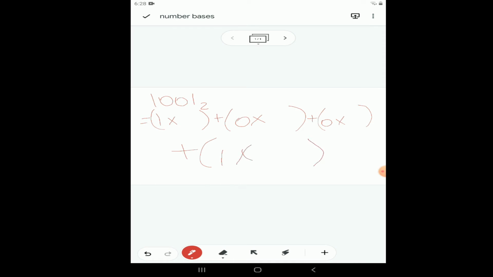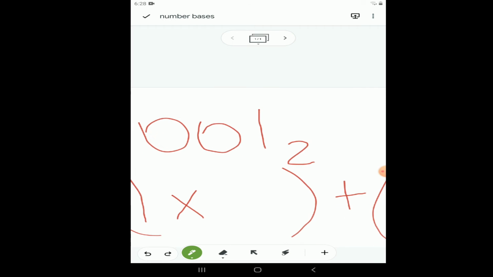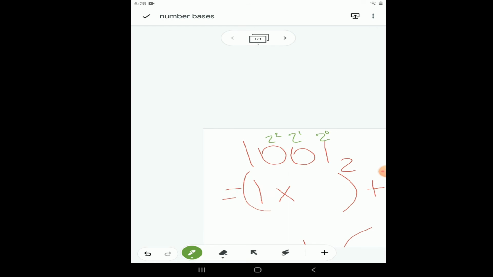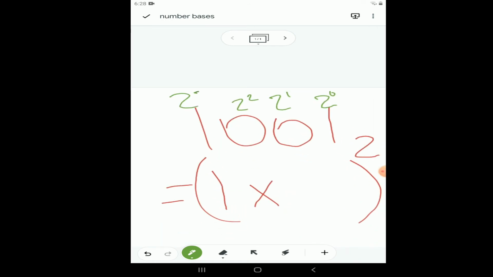Good. Now, what would we multiply this by? We're multiplying by its place value. So if we look here, we want to find out what place value the 1 is in. The place value is 2 to the 0. This one is in the 2 to the 1. This one is in the 2 to the 2. And then this one would be 2 to the 3.